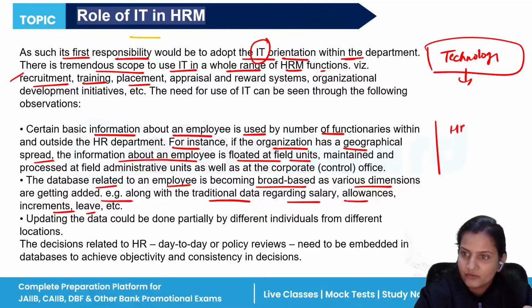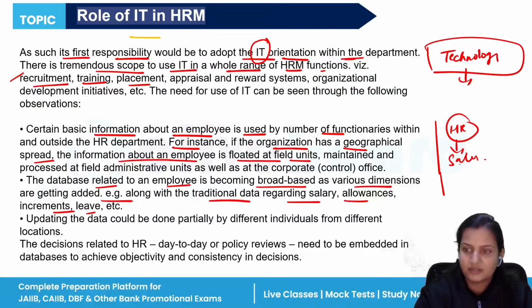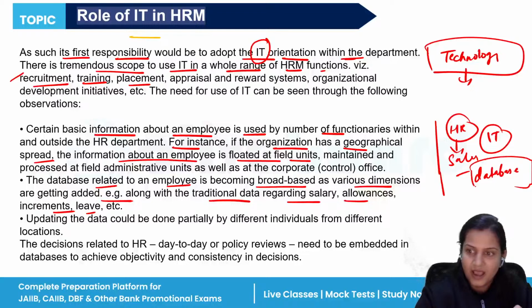If human resource is working in your organization, you need to calculate their salary, how much they are present in the organization, their allowances, all kinds of data. For everything we need IT, a proper database where we can store all the information of our HR, and whoever wants the information can easily get it from there. That is why technology is very important, and it has to be done in every sector of the economy, in every organization where we are catering to the needs of our HR.